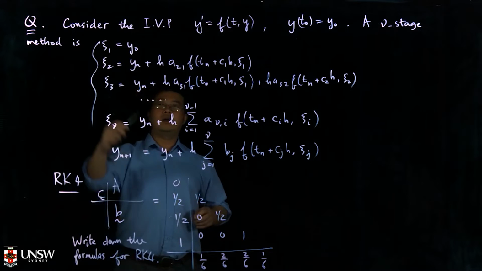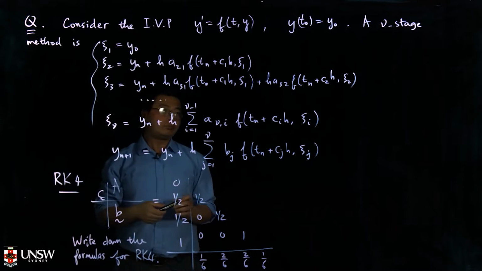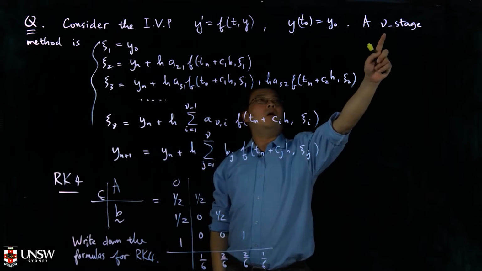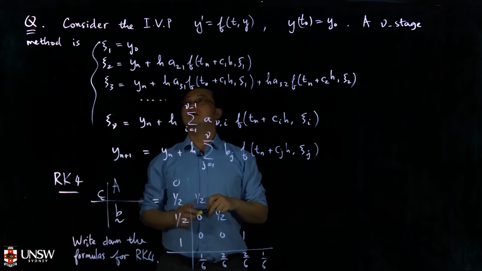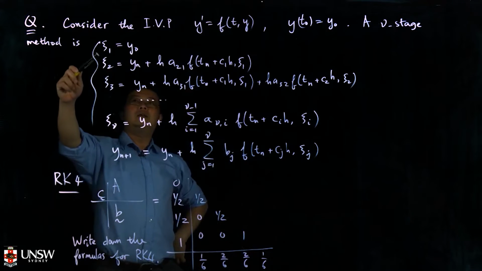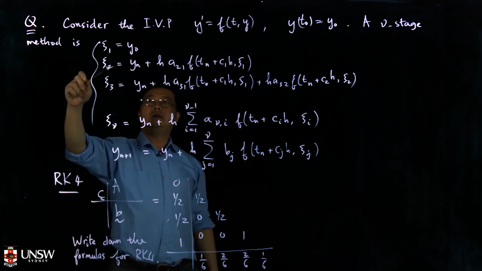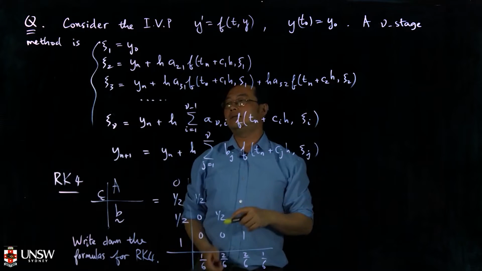And you can see that in order to get to high order methods, the formula is a bit more complicated. So a general formula of Runge Kutta method of order nu is given by this general formula. So you have xi1, xi2 up to xi nu, where nu is the number of stages.